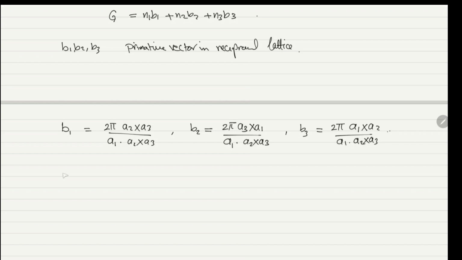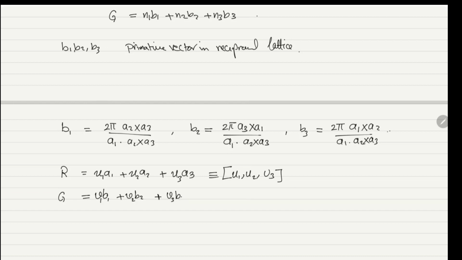In general, R is defined as U1 A1 plus U2 A2 plus U3 A3, or equivalently, in square brackets, U1 U2 U3 here, and G generally is defined as V1 B1 plus V2 B2 plus V3 B3, or equivalently V1 V2 and V3.